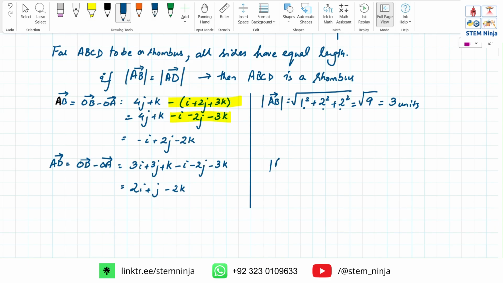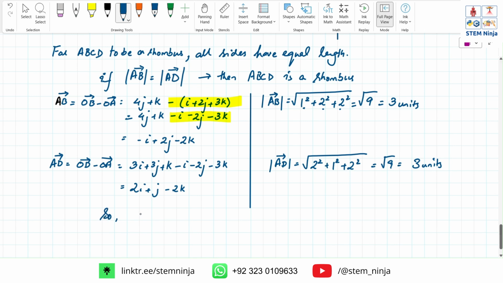So the length of AD is the square root of 2 squared, 1 squared plus 2 squared. Again, it's 4 plus 1 plus 4, square root of 9, that is 3 units.